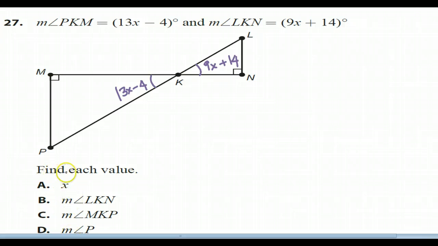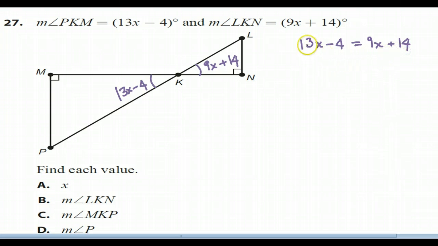So first of all, it says find each value. For part A, we're just looking for x. So again, I can just make an equation right here and use my algebra skills to solve for x. And then I'm going to have the answer for part A. So again, I can do this just because those two angles are vertical. I know they're equal.